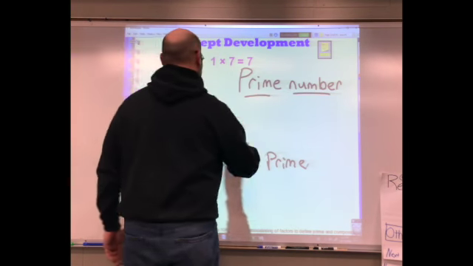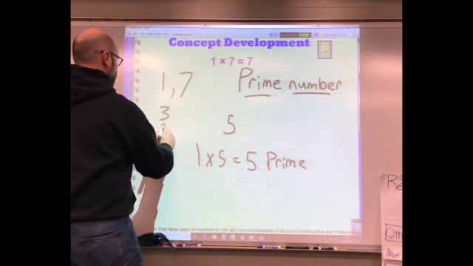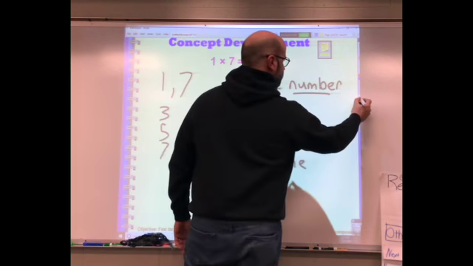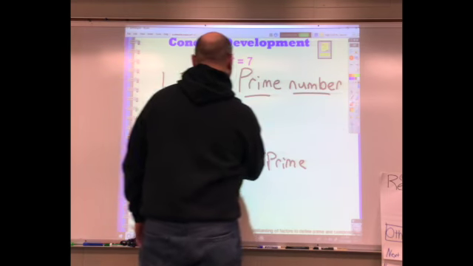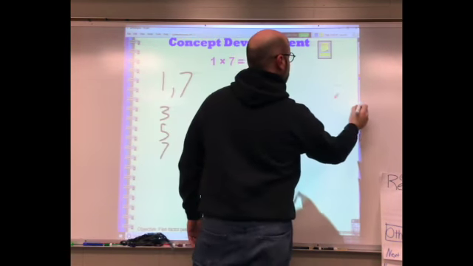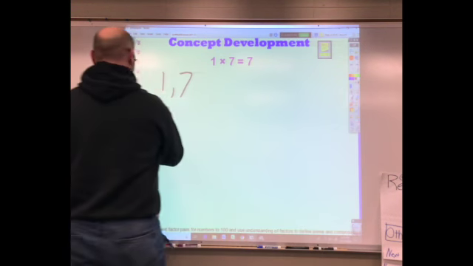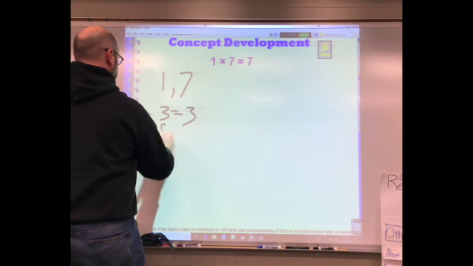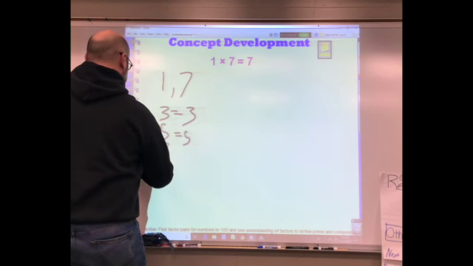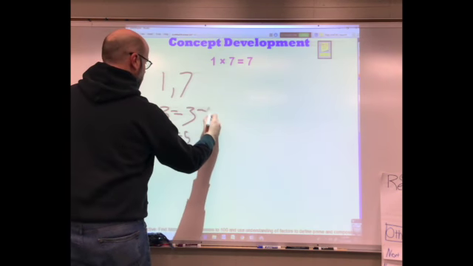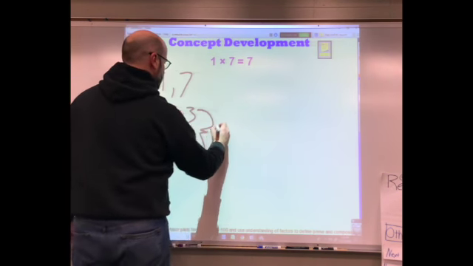So 3, 5, and 7 are all prime. Watch, 1 times 3 equals 3, 1 times 5 equals 5, 1 times 7 equals 7. Those are all prime. Nothing else besides 1 and themselves are factors.